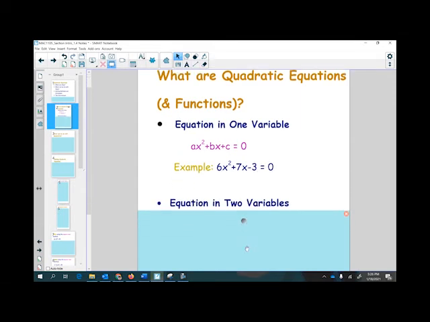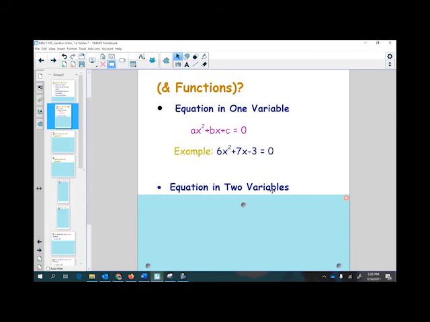Then a quadratic equation in two variables would look like this. Now, how is this different from what's up here? Well, instead of a 0, you have y, which is a second variable. And when you have a second variable, then you can graph the equation on an xy plane.